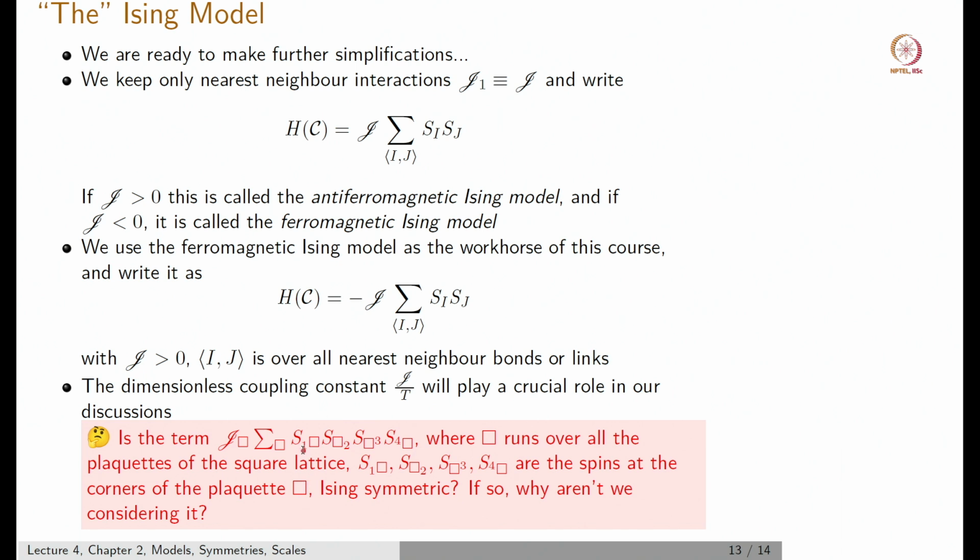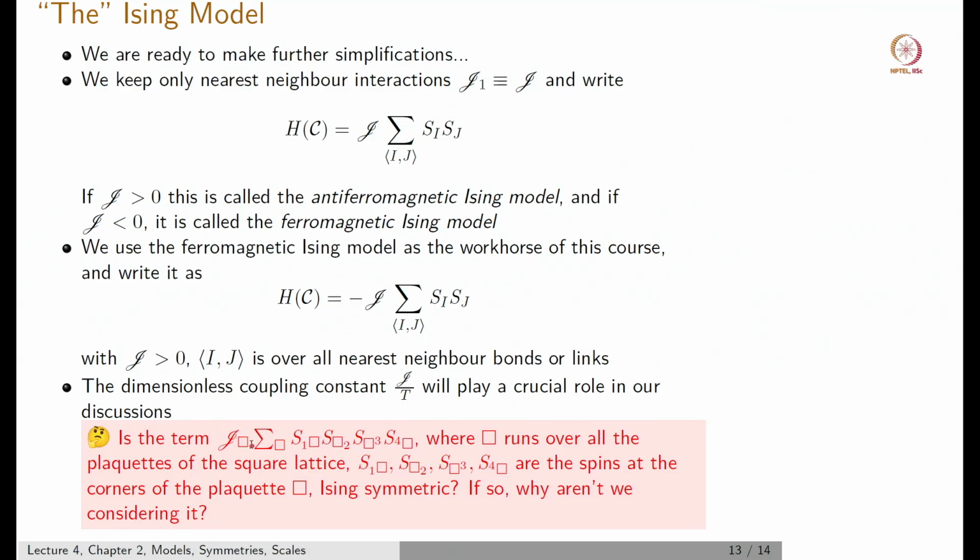So the left bottom corner is what we call site 1, and the bottom right corner is called site 2, the top right corner is site 3, and the top left corner is called site 4. So you could ask whether I can write a term like this. Is it Ising symmetric? I invite you to work out whether this term is Ising symmetric, and you can have an energy scale associated with that interaction.